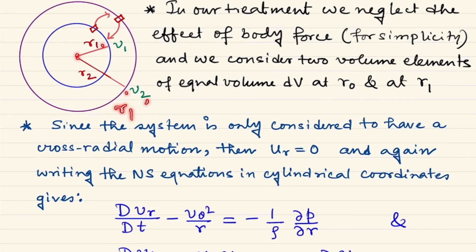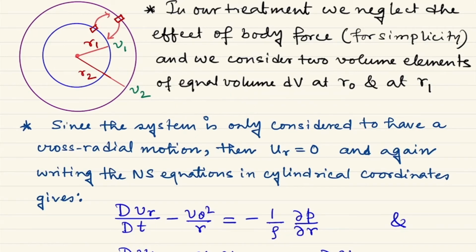Of course, R1 is less than R2, and we consider the fluid, which is anywhere in this axisymmetric case, and the fluid is only moving in the theta direction, so it has only azimuthal motion, so Vr is 0 practically.